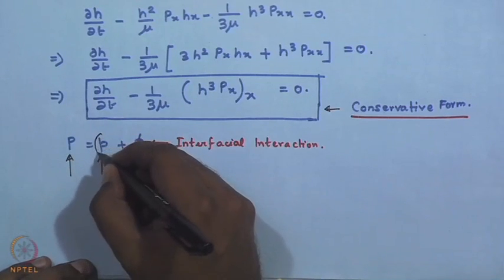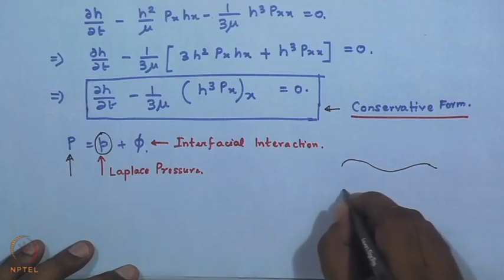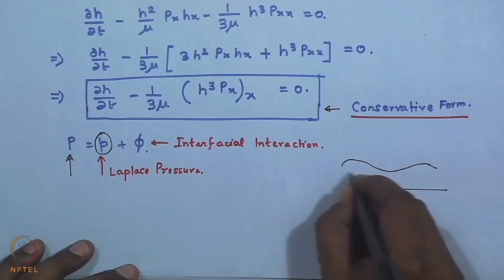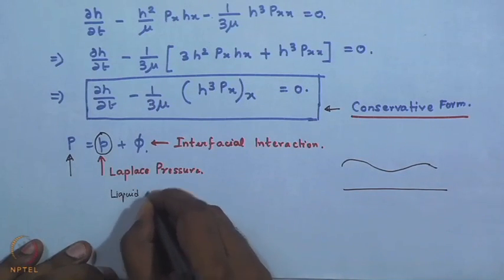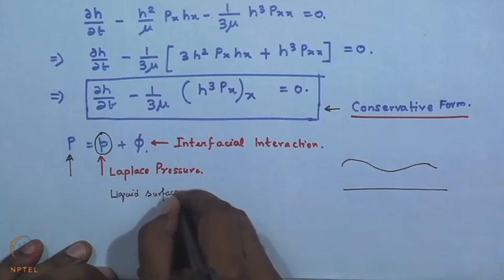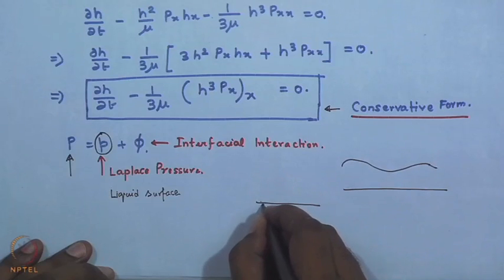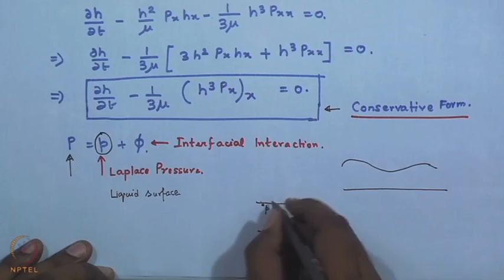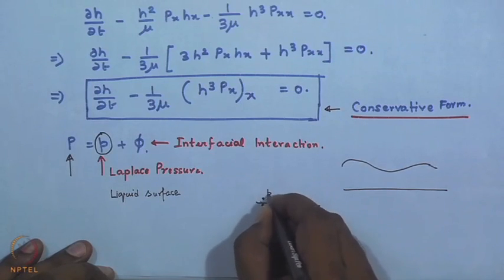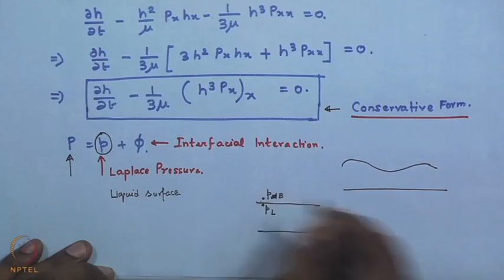Now, this pressure, if we are considering the liquid surface, had the film been perfectly flat, the pressure right at the surface on the liquid side, PL or PS or whatever you want to write, and let us say this is the P outside or PB.